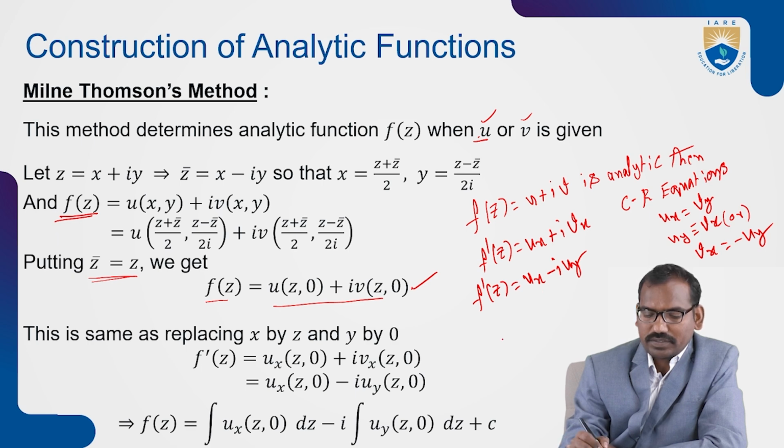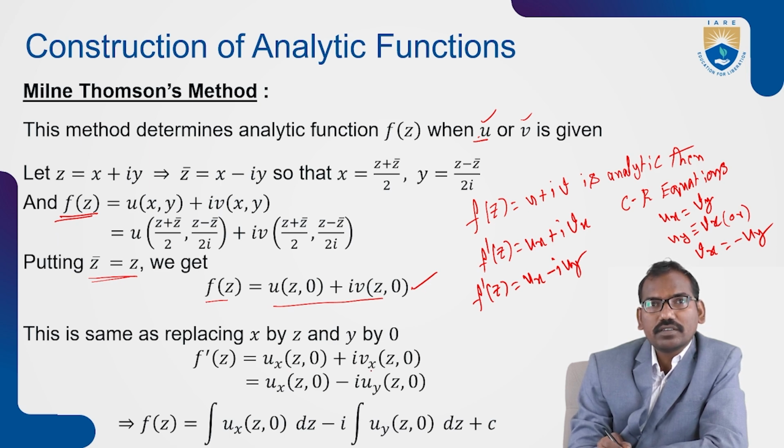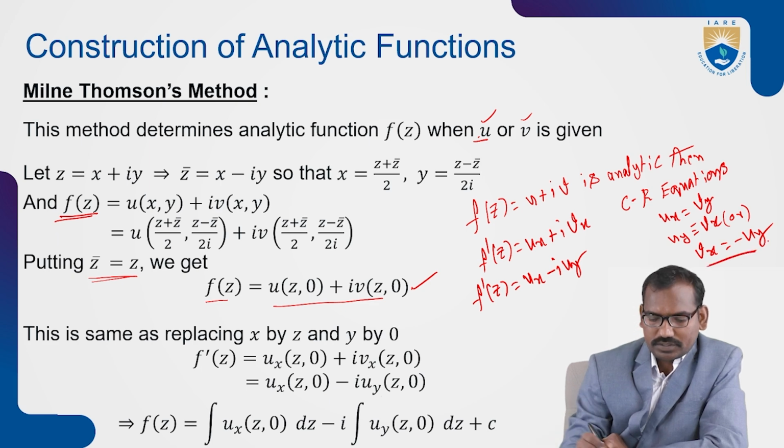We write u_x of (z, 0) minus i times u_y of (z, 0), because v_x is minus u_y.